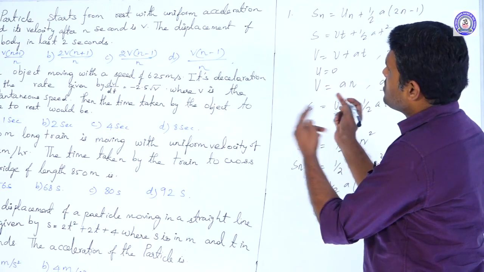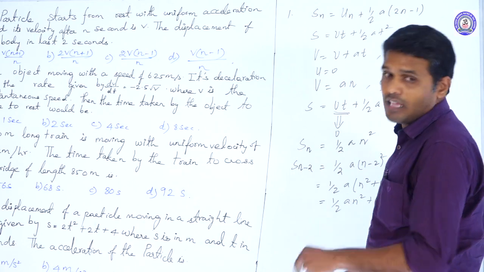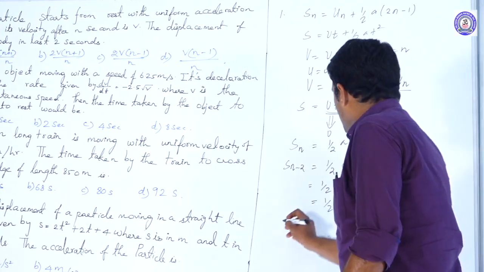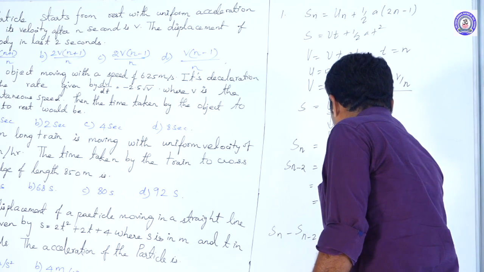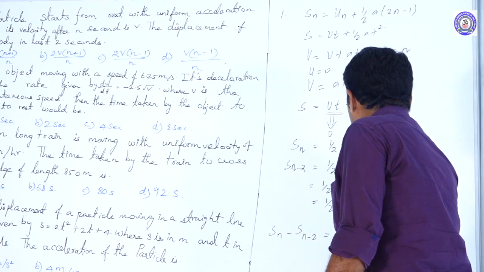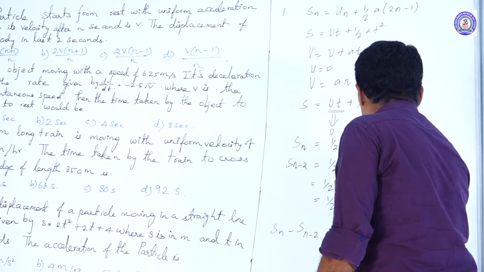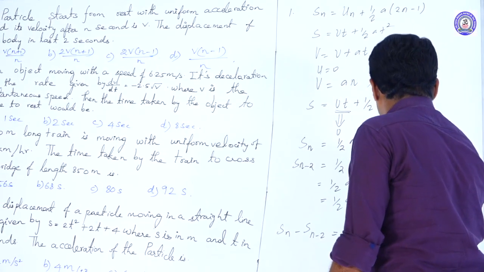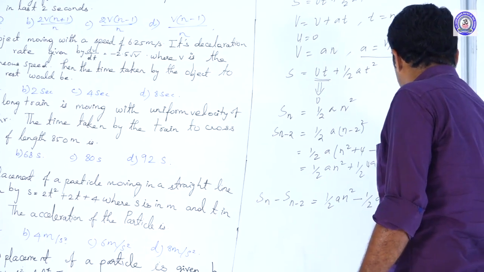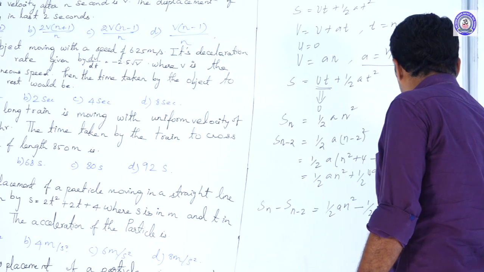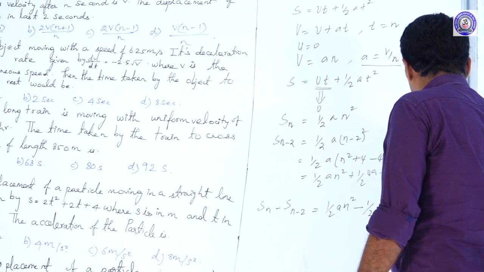Now, if you take the difference between these two displacements, then you will get the displacement in the last 2 seconds. So I can write Sn minus S(n minus 2). Then this is equal to half a n square minus half a n square plus, as you are taking a difference, we can write minus half into 4a plus half into 4a n.